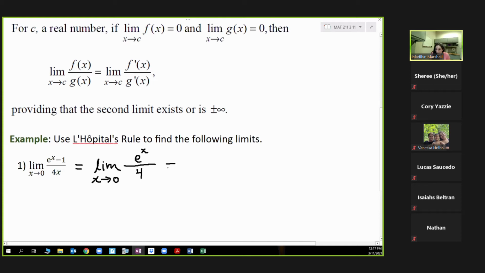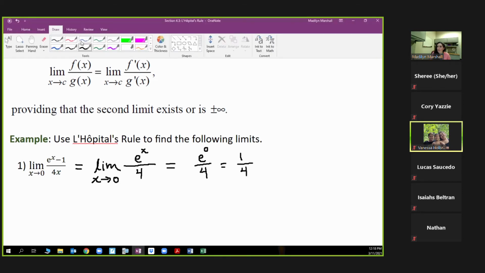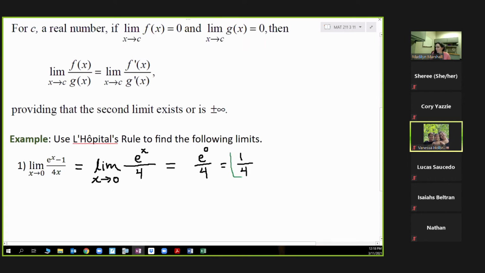Now, if we try to plug in 0 into our quotient, we have e to the 0 over 4, which is 1/4. So this step was the L'Hopital step.